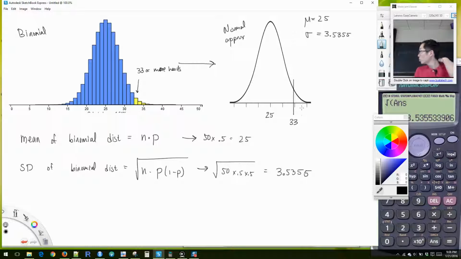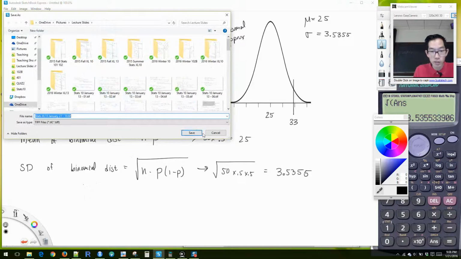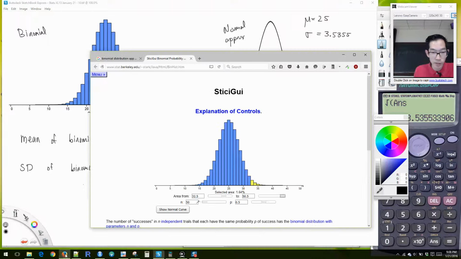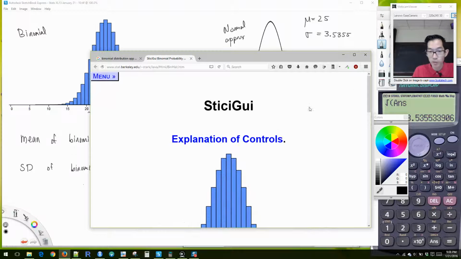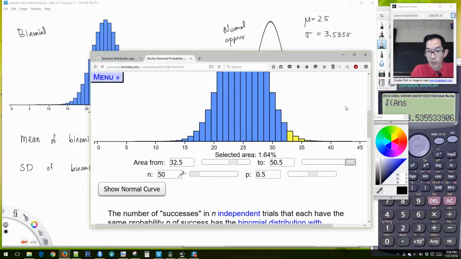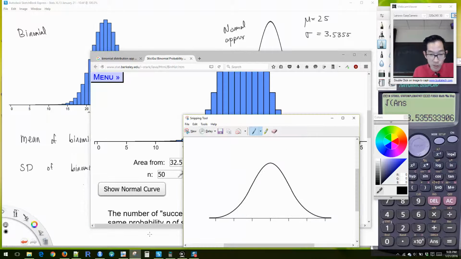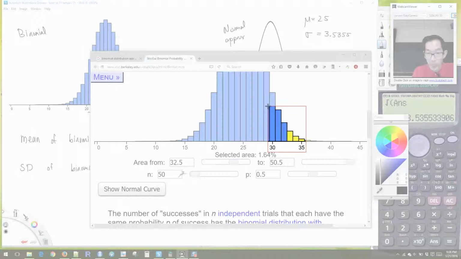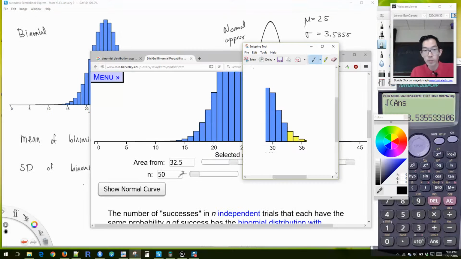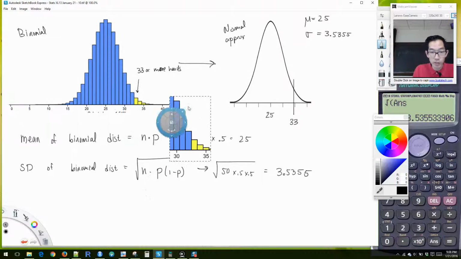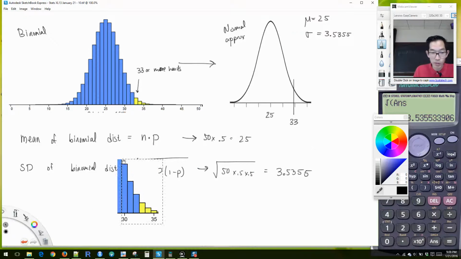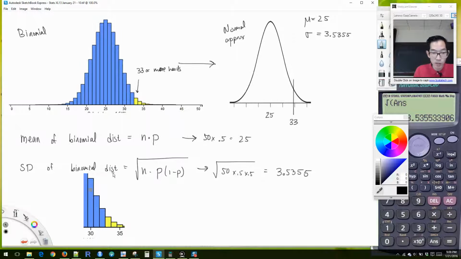at 33. But I don't. I have to take into account, if we look at these bars and I zoom in here, if this is the bar that represents 33, centered at 33, I'll chop this little piece and zoom in on it.